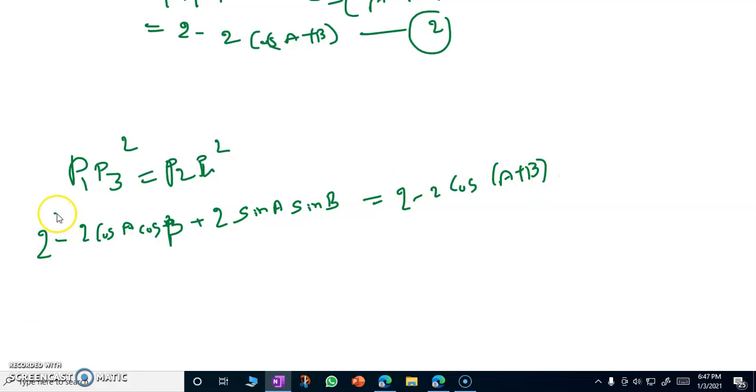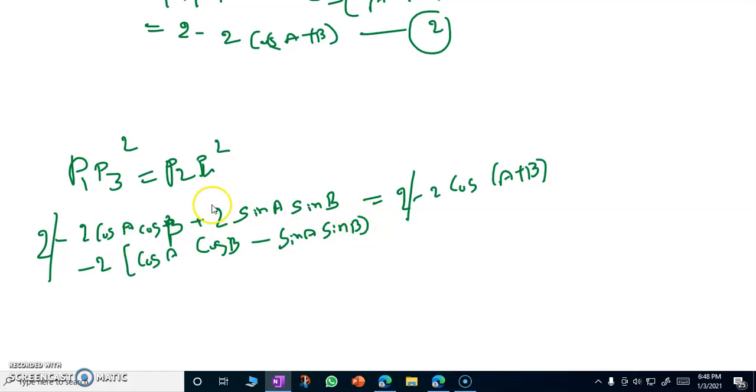Now there is 2 here, here also 2. It gets cancelled. Here I can take minus 2 common. I am left with cos A cos B minus sin A into sin B. There is plus sign here, but when I take minus sign outside, I am left with negative sign inside the bracket.